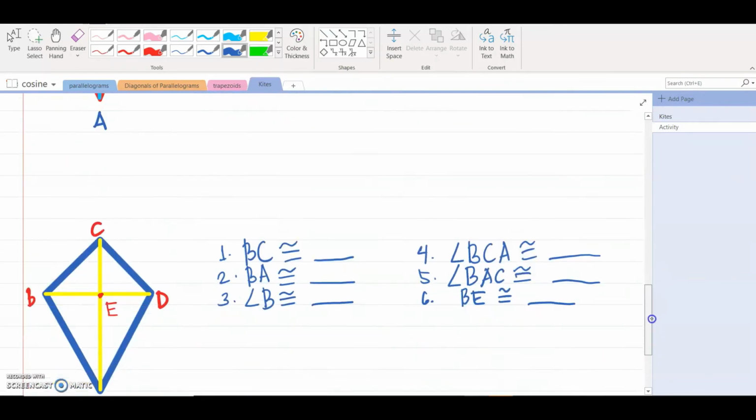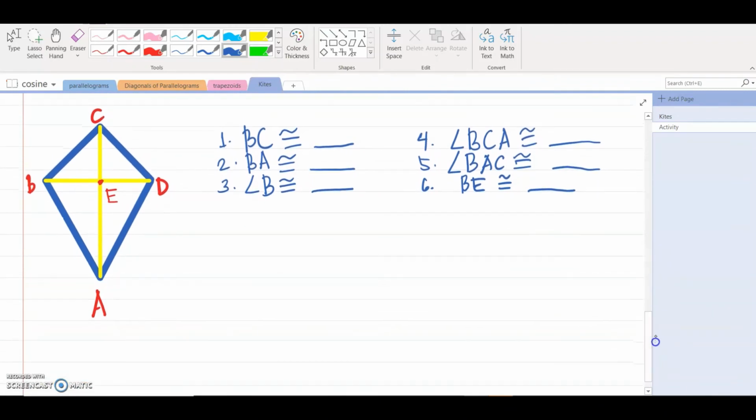Next. We're going to identify the parts that are congruent to the given side or angle. So we just fill in the blanks here. Let's say number 1, BC is congruent to which side?